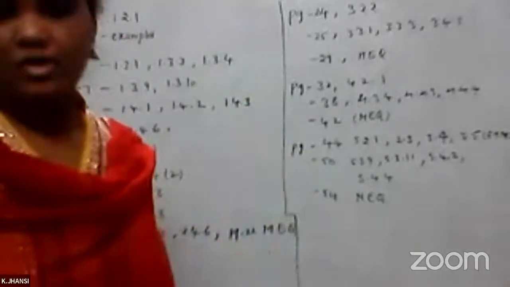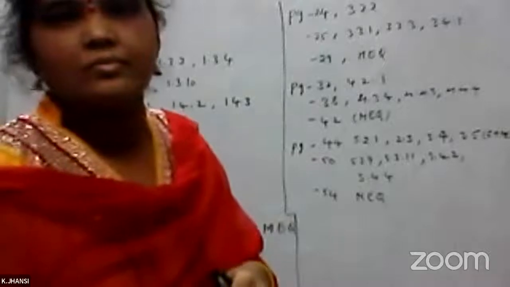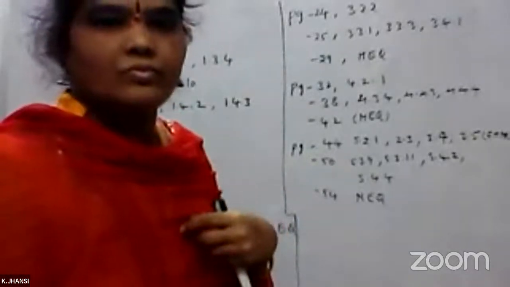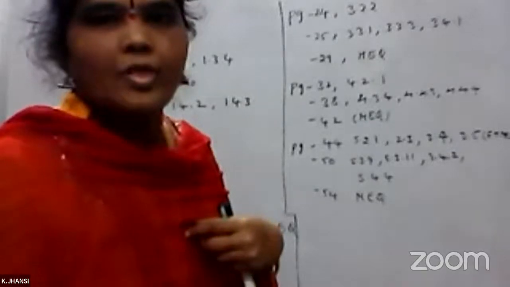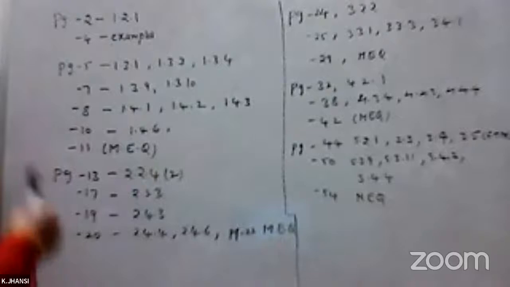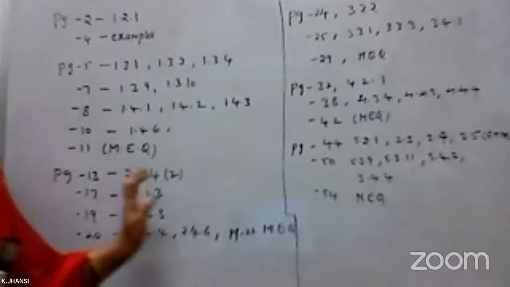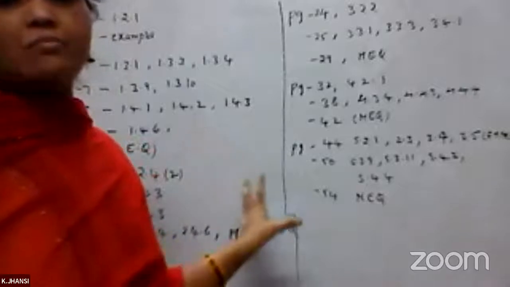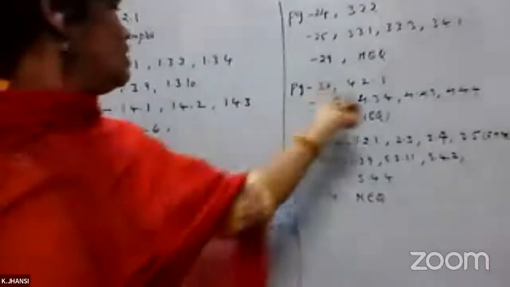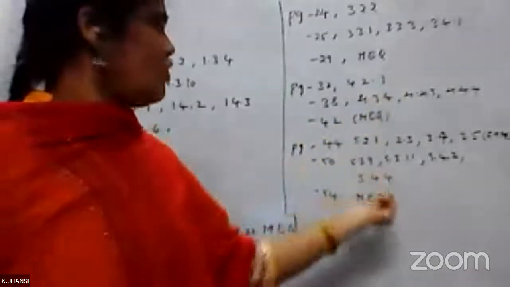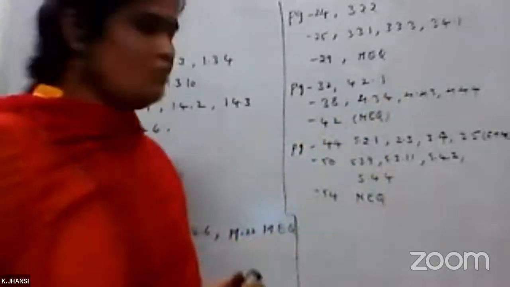I have written them small, so see the page numbers, and also the exercises you will have. Up to page number 54 I have given.